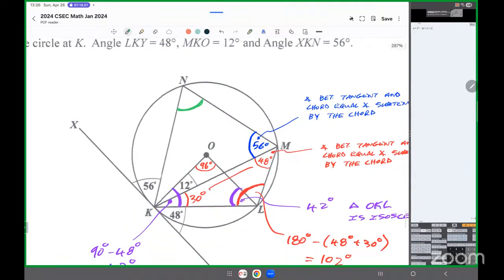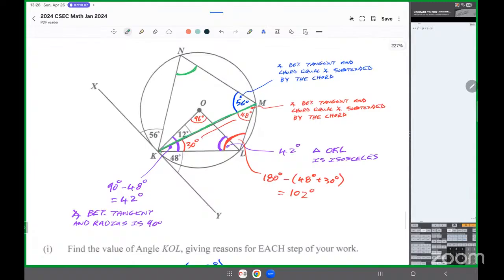That angle is subtended by this chord. That chord is making this angle with the tangent out here. The angle between this tangent and this chord is the total of 48 and 30.